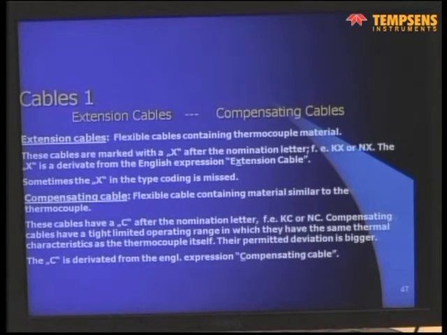Both may be used only in a limited temperature range, mostly depending on the insulation material. You can imagine that, for example, a PVC insulated cable may not be used above 100 degrees centigrade, while a Teflon insulated cable may be used up to 250 degrees centigrade, or other materials like Kapton even higher.